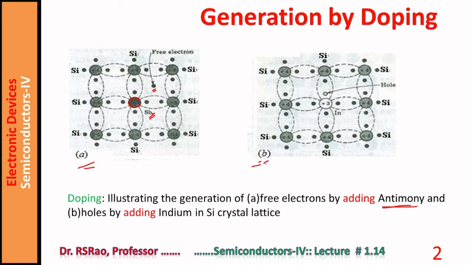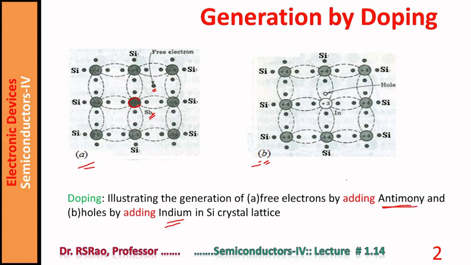Now come to B diagram. Here also we considered silicon semiconductor. In this case, indium impurity is added. Impurity indium is trivalent, so 3 electrons exist in its outer orbits.